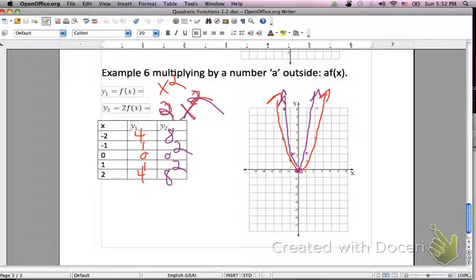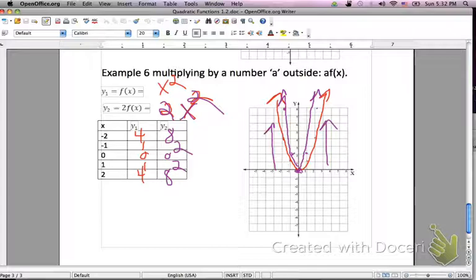So what kind of language do I want you to use to describe this? Well, if we multiply the entire function, or the y, times a constant greater than 1, I want you to call it a vertical stretch. So notice all of our y values were multiplied by a constant, that 2.